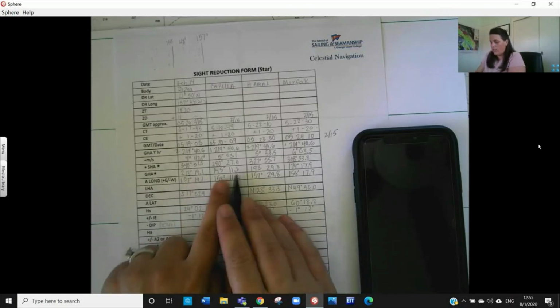Okay. So now that I have created my assumed longitude, I can calculate my LHA. And I'm going to be subtracting.